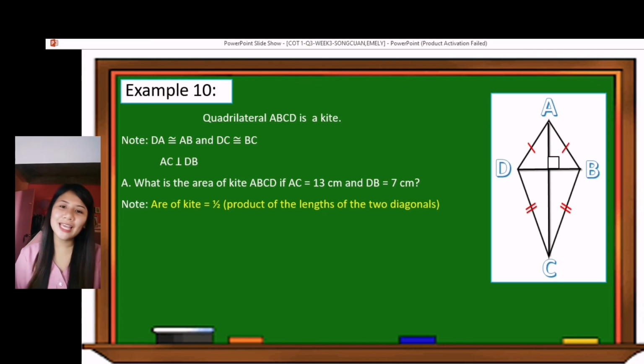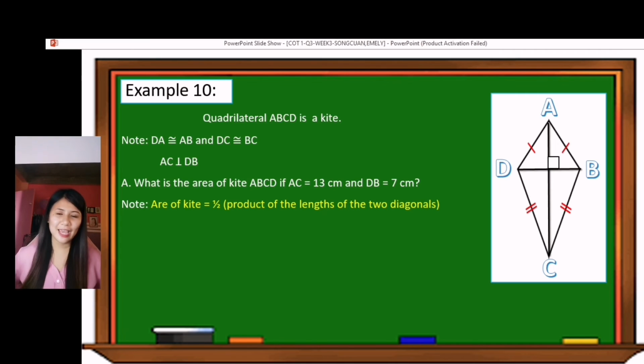We have two diagonals that bisect each other, with diagonal AC perpendicular to diagonal DB. The question here is to find the area of kite ABCD if diagonal AC is equal to 13 centimeters and diagonal DB is equal to 7 centimeters.